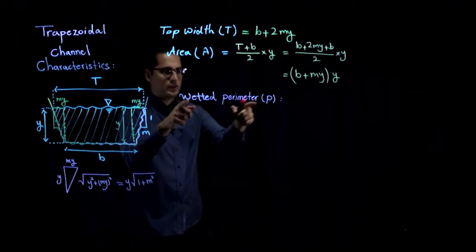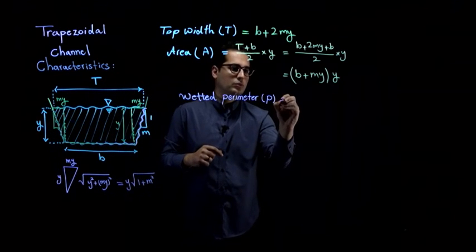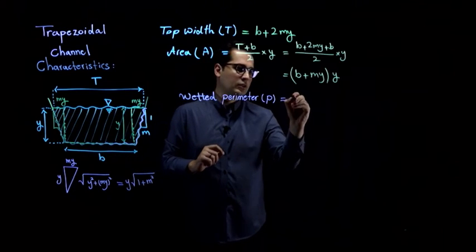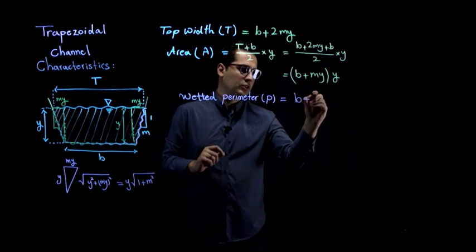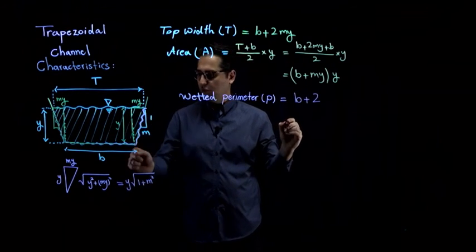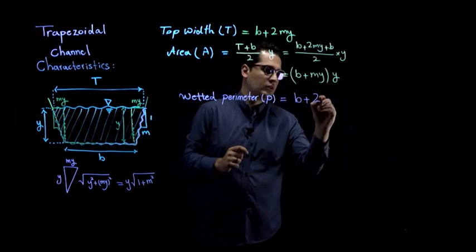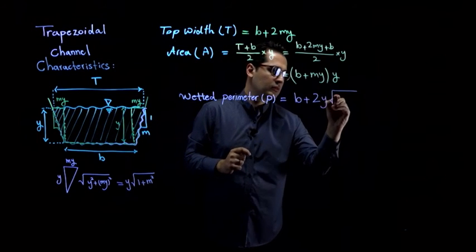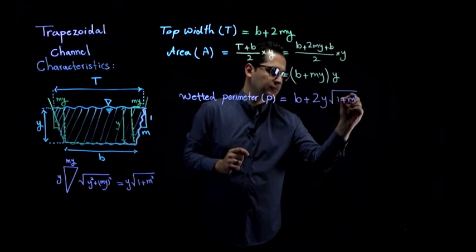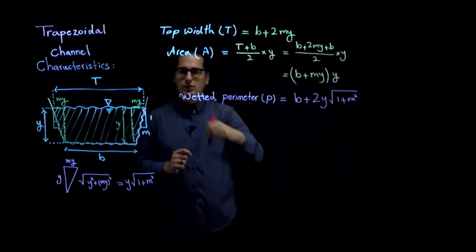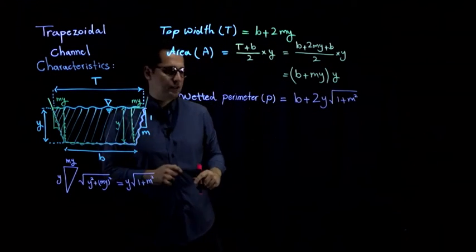Right? Okay, so wetted perimeter is going to be equal to b, bottom width, plus 2 of these hypotenuse, one for this one and one for this one. And this is how you calculate the wetted perimeter of a trapezoidal channel.